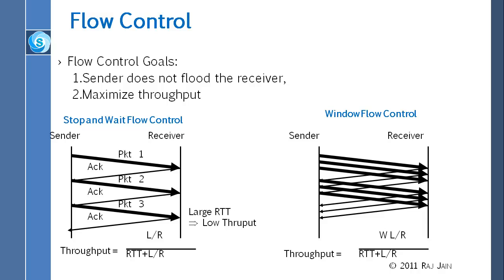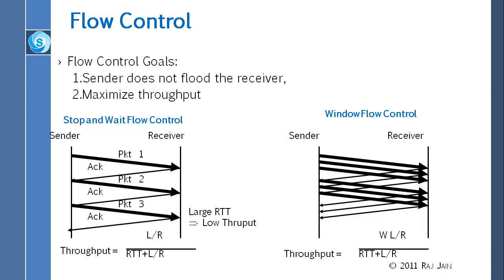So in this much time, which is RTT, round trip time, plus L upon R, the only thing you are able to use is L upon R. So the efficiency, our throughput, is L upon R divided by RTT plus L upon R.